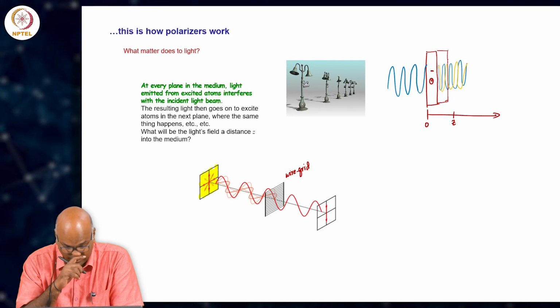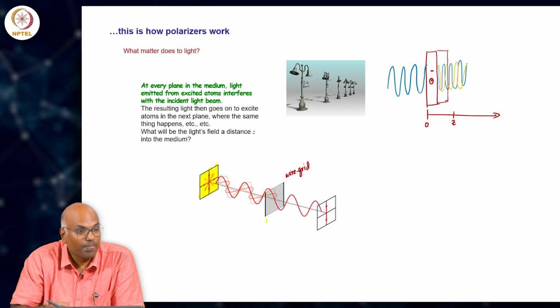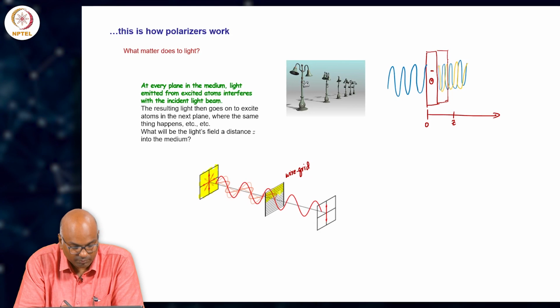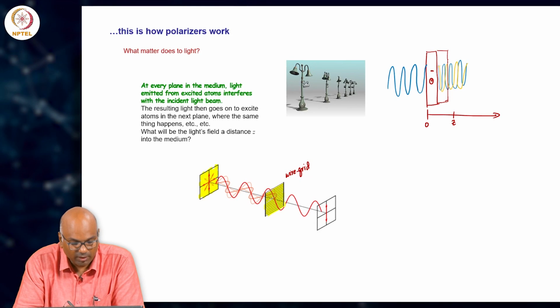The electric field vector is oscillating in all kinds of directions, in all kinds of planes. Now, when this is incident on a wire grid which goes in and out of the plane of the screen, which is a neat thing. What is a wire grid?